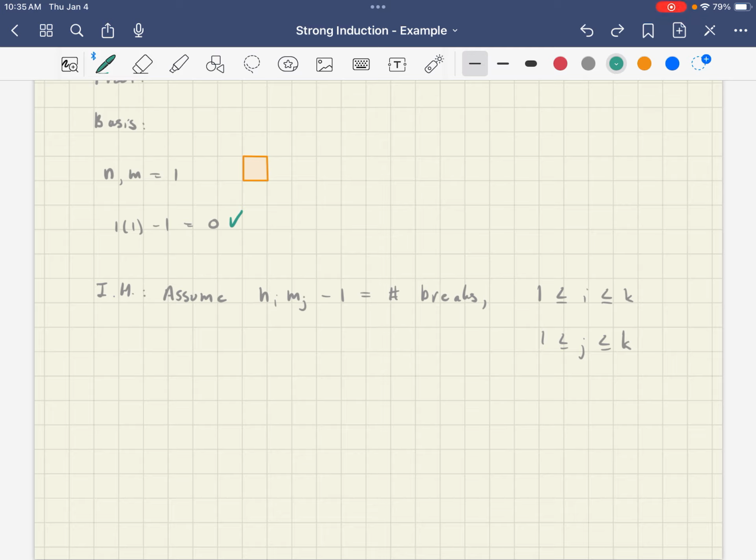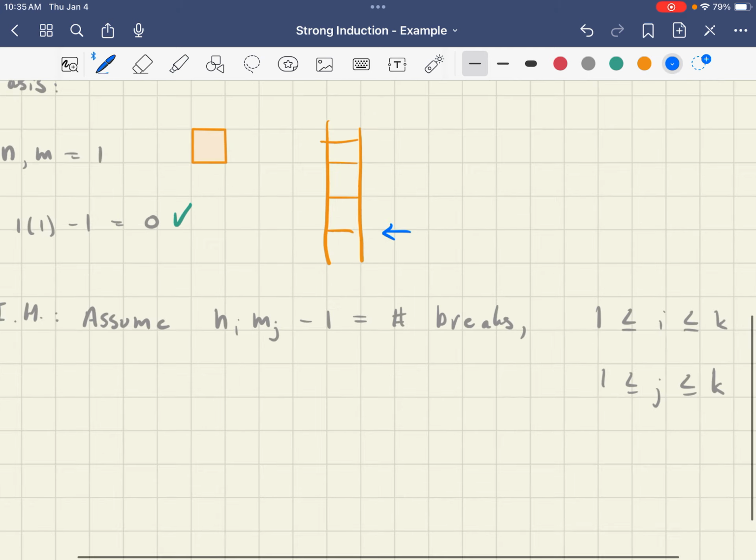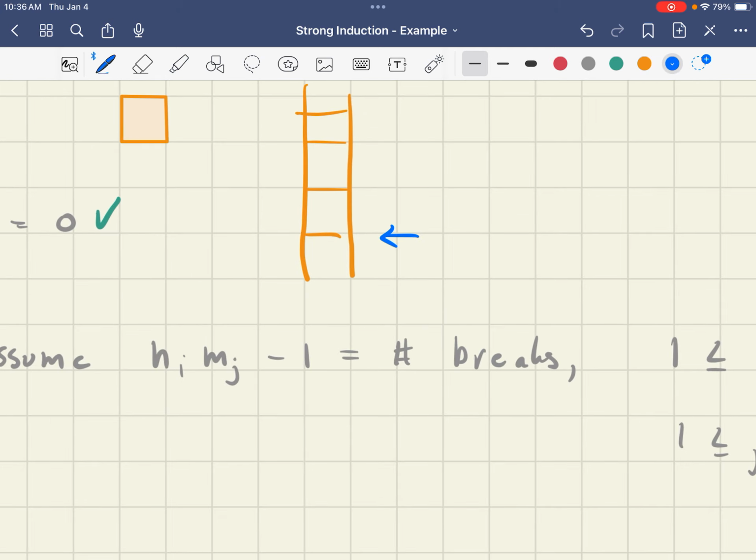So for the ladder example, what we've just done, we said we've gotten on the first rung of the ladder. We've proved that the basis is true. Okay, so far so good. Now we need to prove that no matter which rung we're on, we need to be able to get from one rung to another.